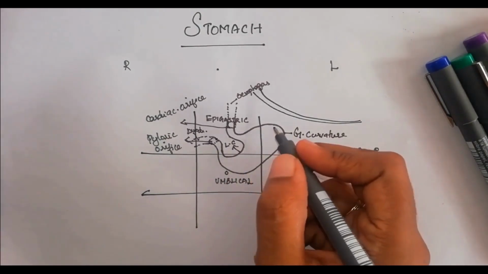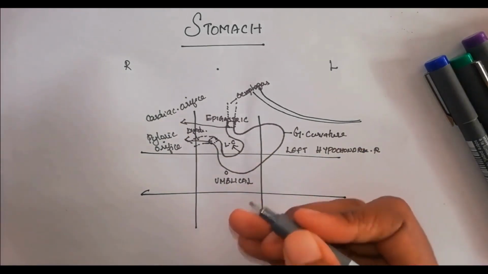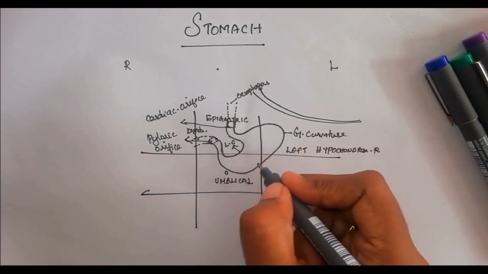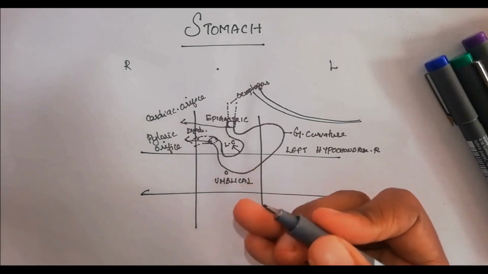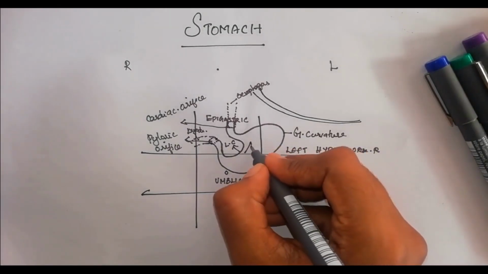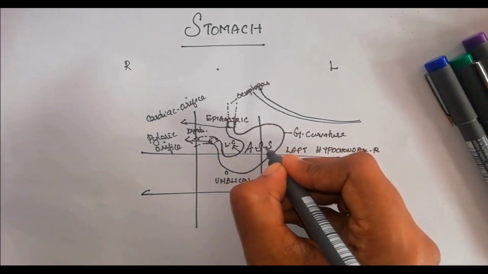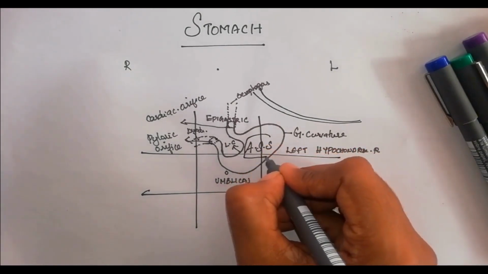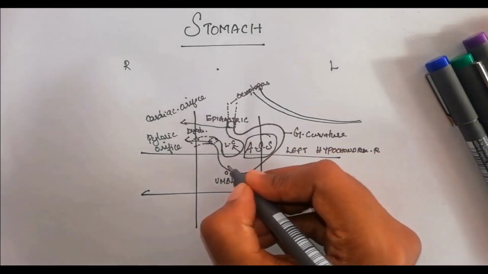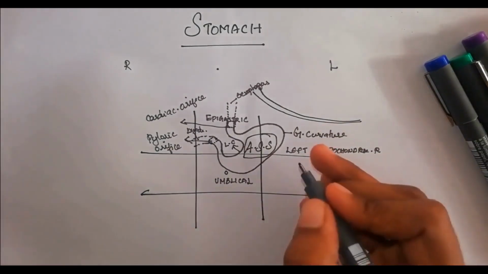And then we have two surfaces. The surface which we are seeing over here, the anterior aspect, we will call the antero-superior surface. So this is the antero-superior surface which we are seeing, this whole part. Behind that we have the postero-inferior surface.